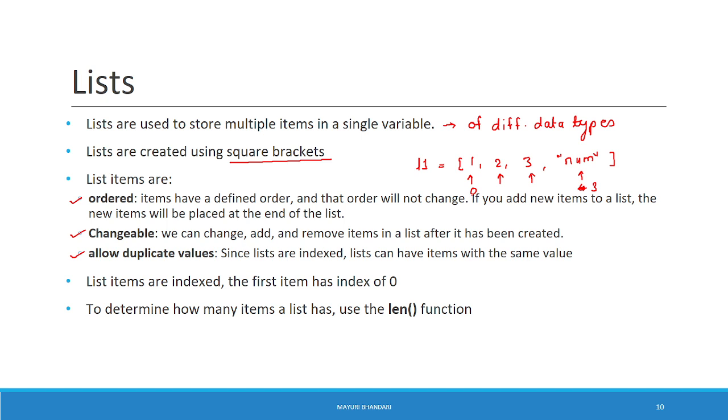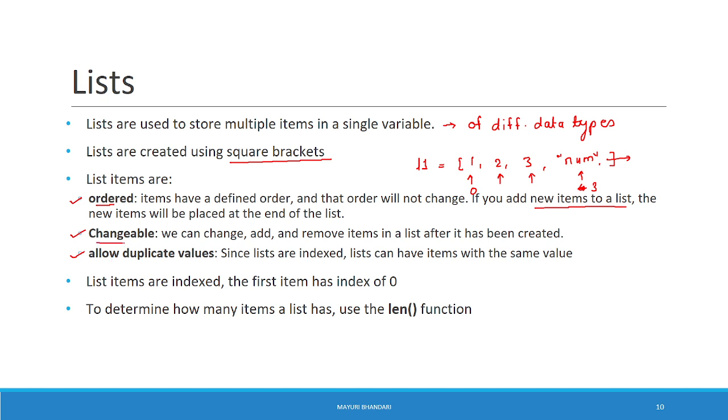They have order. That means list elements you can access using index, and when you add new items to the list, the new items will be placed at the end of the list. So if you add some new item to this list, it will always be placed after this. This is the first property of list, that is order.